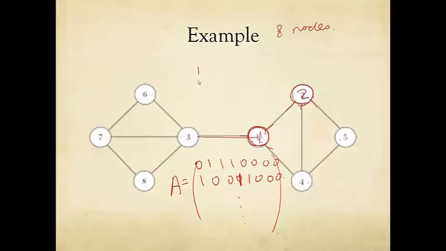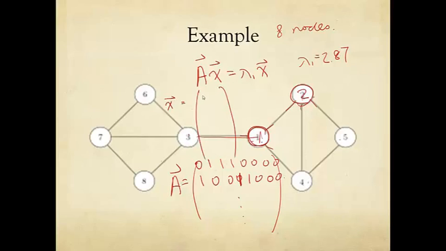And now all we need to do is to compute the largest eigenvalue and the corresponding eigenvector. And we see the largest eigenvalue, which we are not using directly here, is 2.87, and x is the following vector.